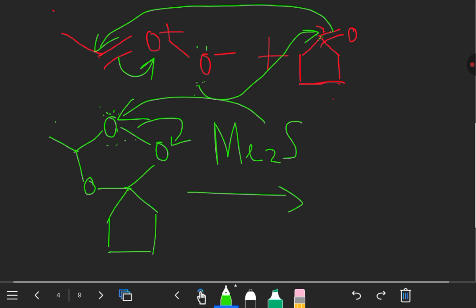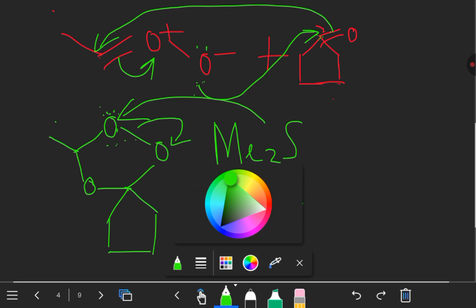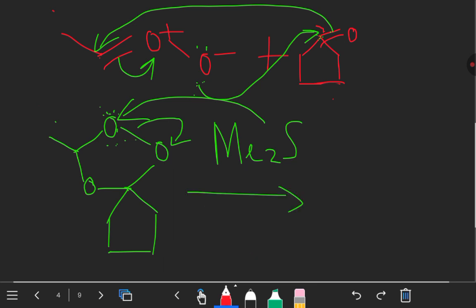Okay, so that oxygen, let me use a different ink. Right, so this is the reaction which is taking place. The methyl sulfide attacks that oxygen and grabs the oxygen.